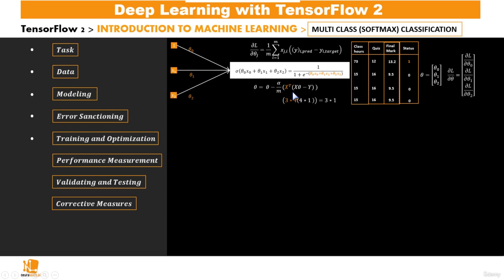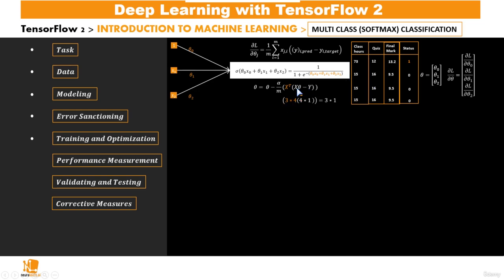Now let's compare some dimensions. We have x transpose; in this case x is 4 by 3 dimension. Actually, we have the bias term, which is not included here, so that's why we say we have 4 by 3, and x transpose is 3 by 4.